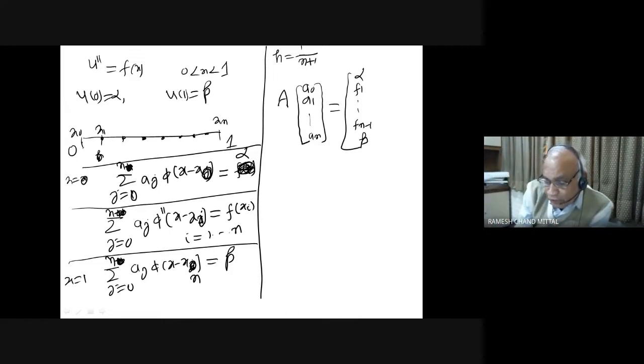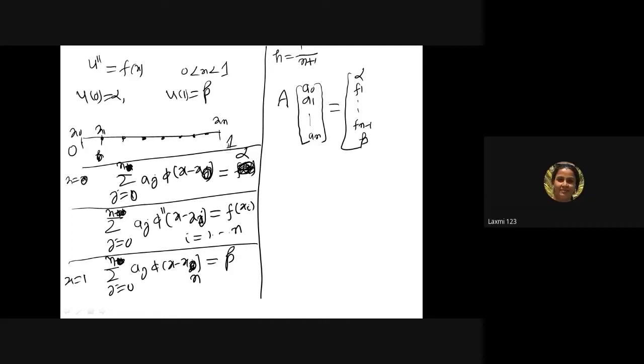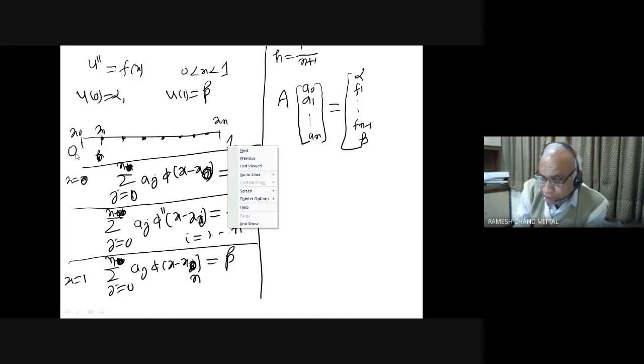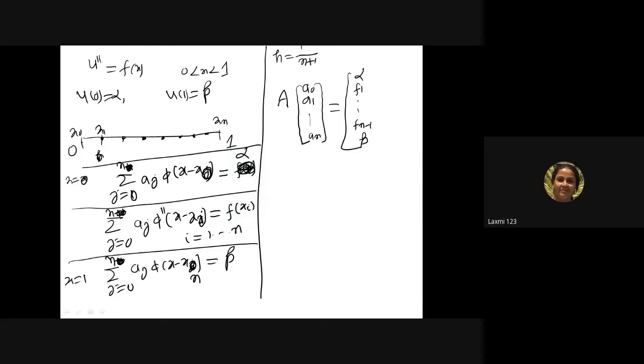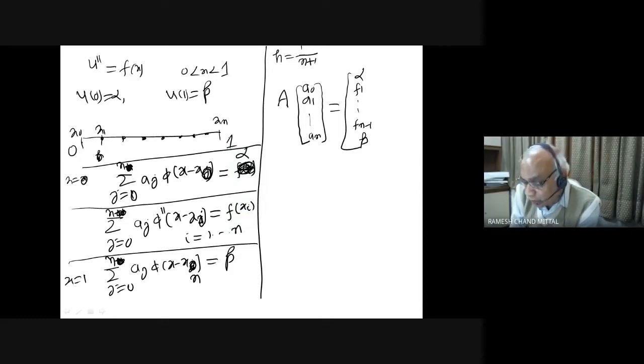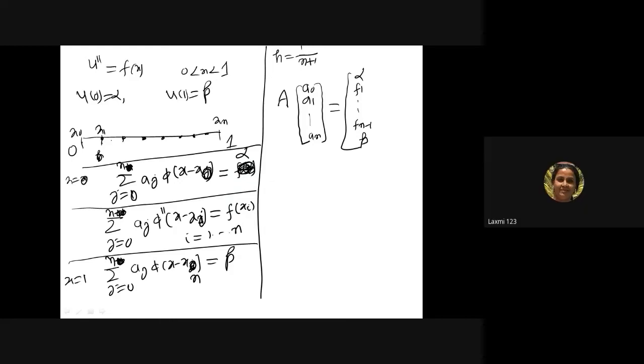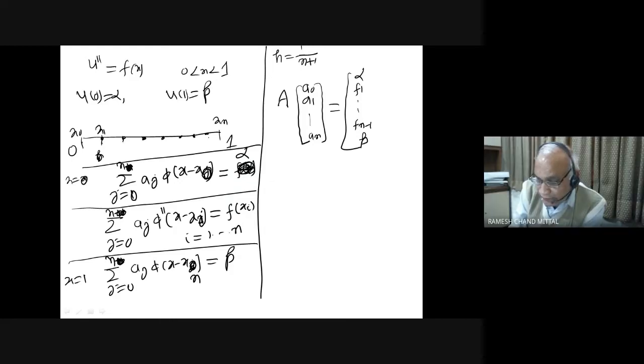My domain is from 0 to 1. x naught is a point which is a boundary. xn is a point which is a boundary. x1 is an interior point, so is x2, so is xn minus 1.